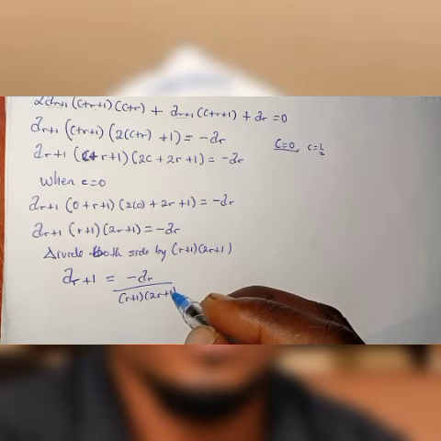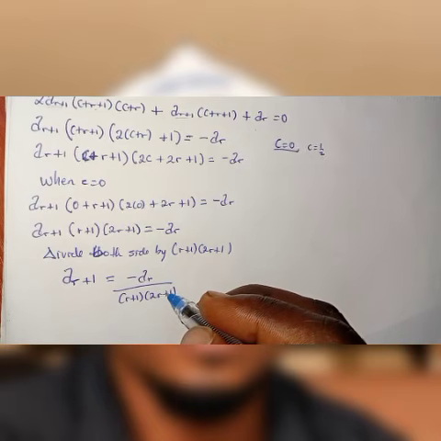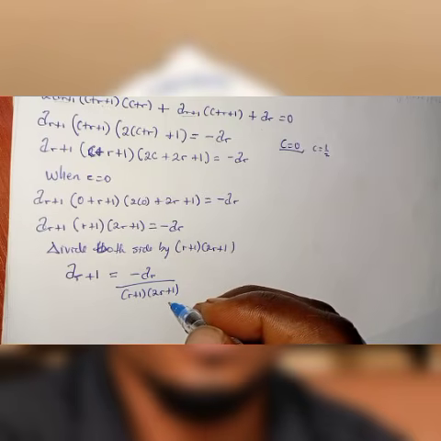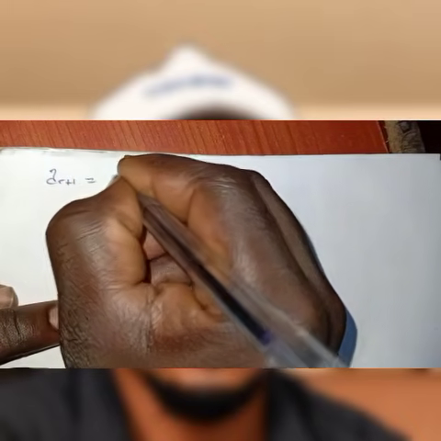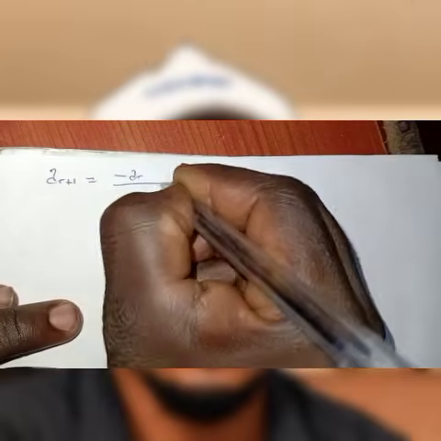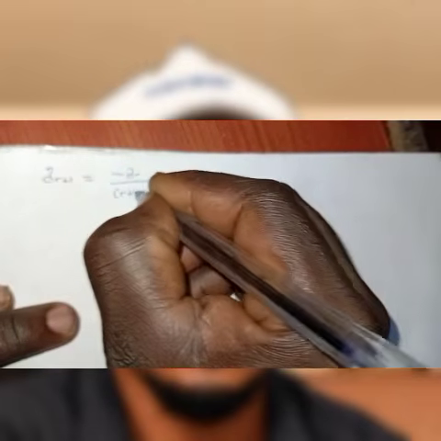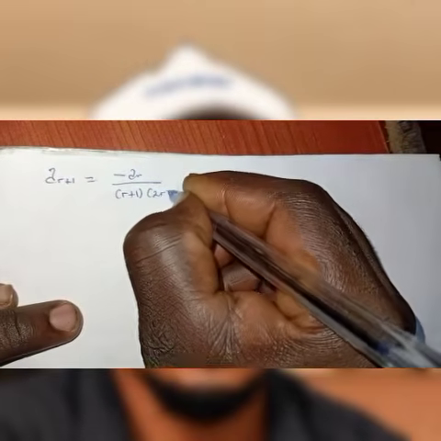That's what we're going to have. Now, the next one is to find an appropriate value to put. So let me write what we have here. So we have a_{r+1} equal to minus a_r over r plus 1, 2r plus 1.